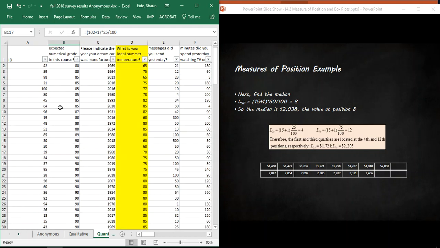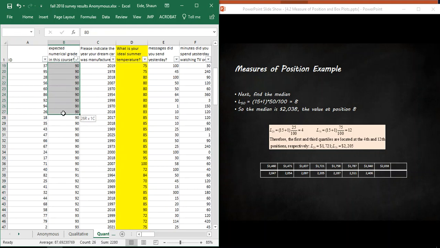So you find the 25th and the 26th observation, and you take the difference between them and multiply it by 0.75. So if this was 91, then you would have a 1 point difference. You would multiply that 1 point difference by 0.75, so the first quartile would be 90.75.